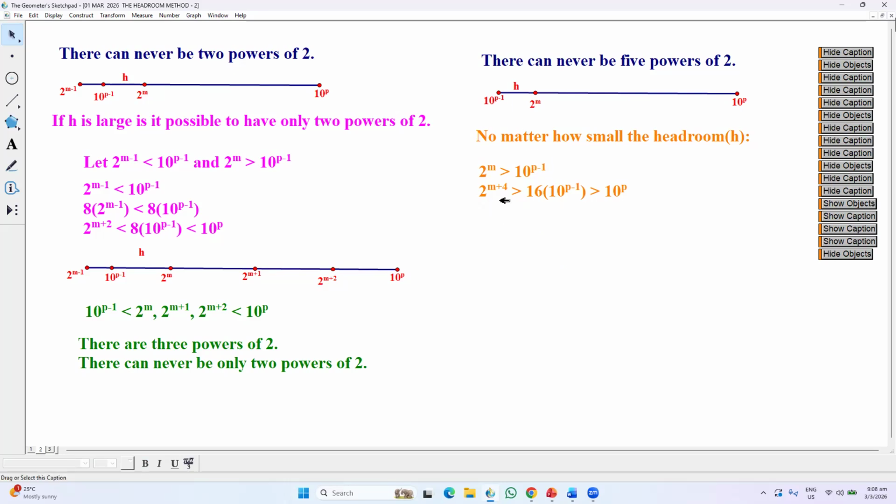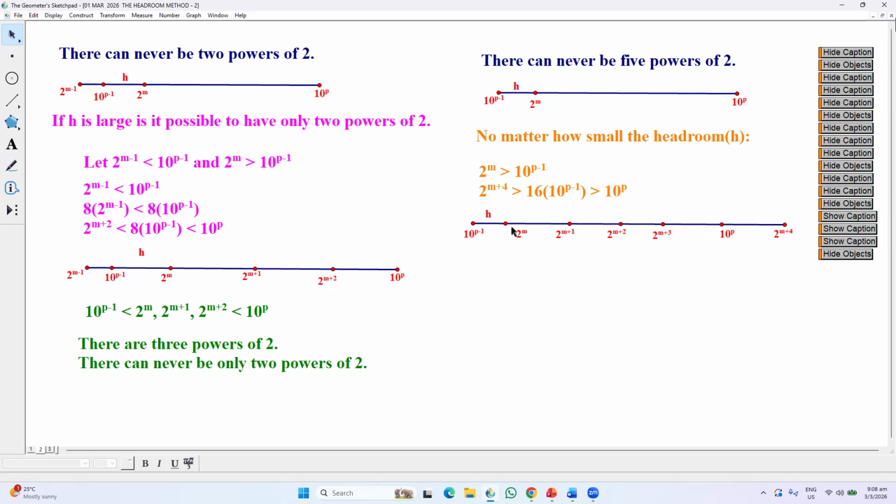If we multiply by 16, we get 2 power m plus 4, which is 16 times 10 power p minus 1. 16 is more than 10, so we get more than 10 power p. This shows 2 power m plus 4 is outside. It's beyond the end point here, 10 power p.